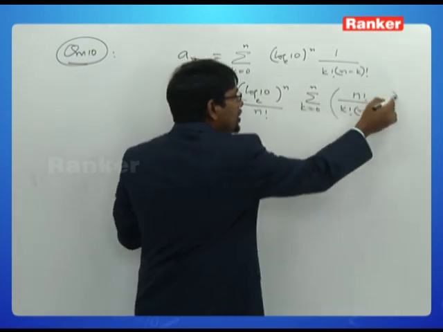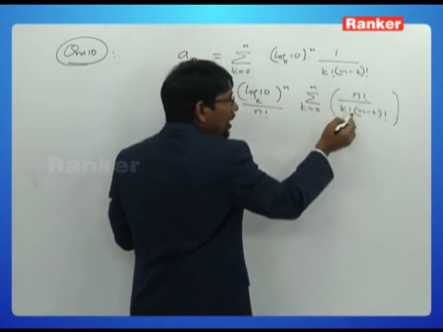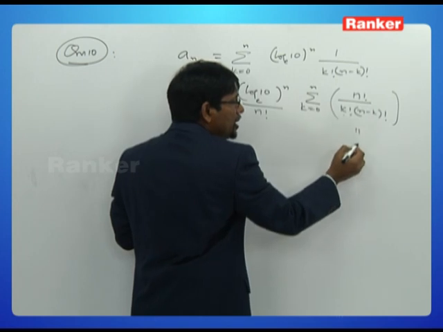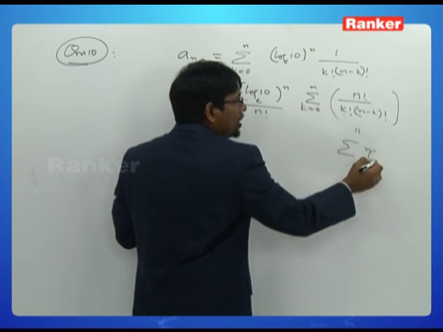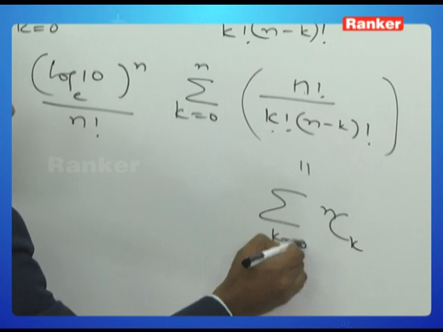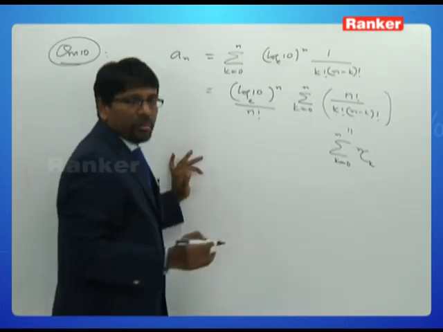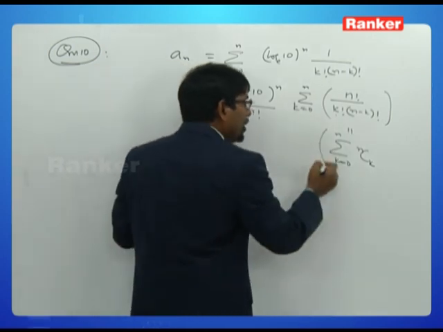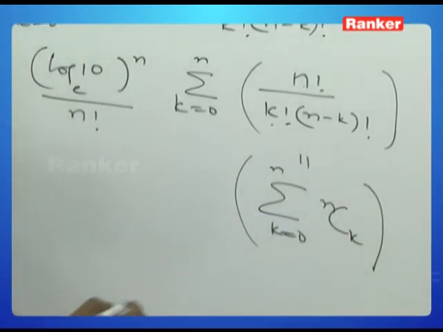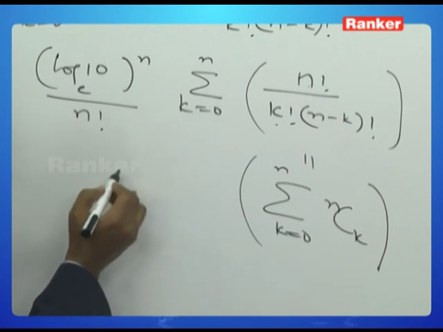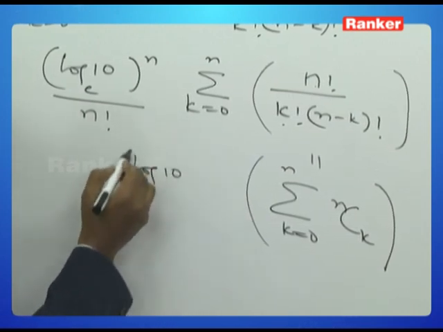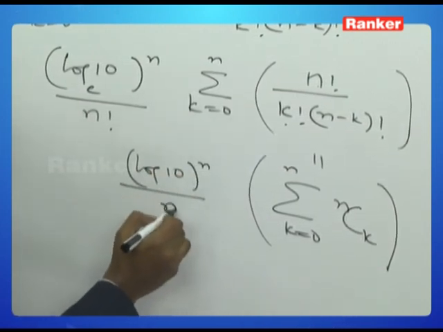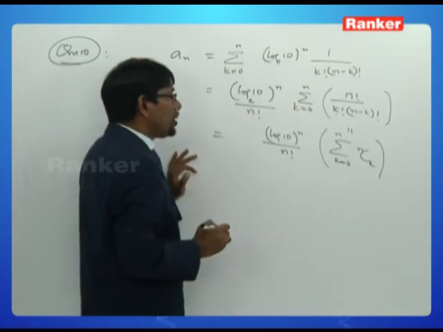So now what is this? N factorial by k factorial into n minus k factorial, that is nothing but nck. Sigma nck, k ranging from 0 to n, sum of the binomial coefficients in the expansion of 1 plus x power n, and that's clearly 2 power n. So this is this into log 10 to the power n by n factorial.